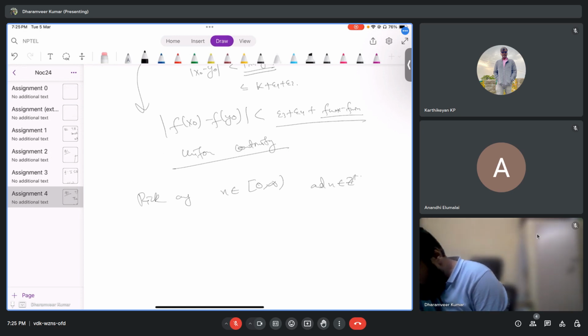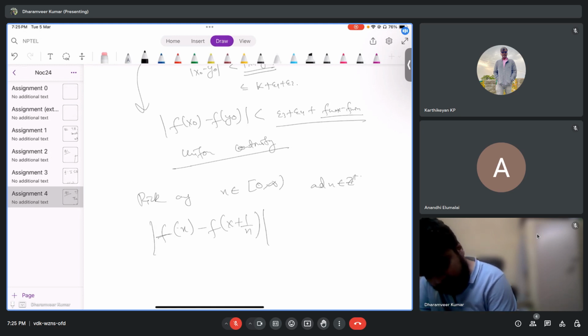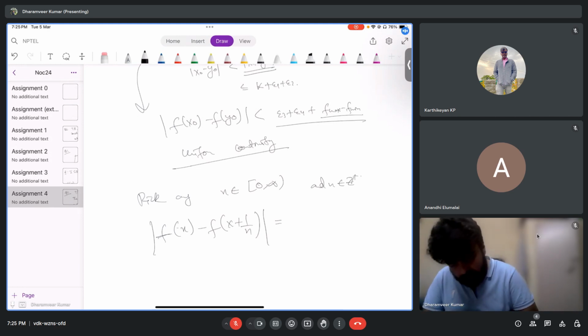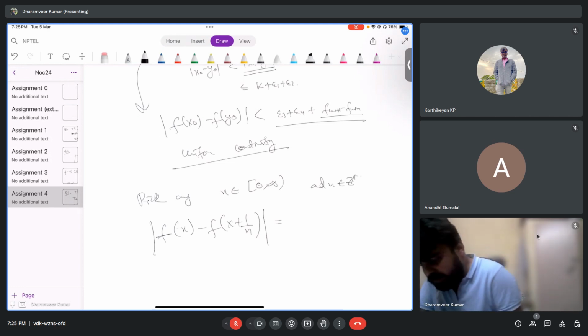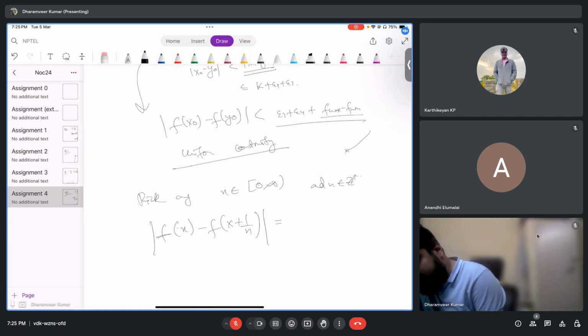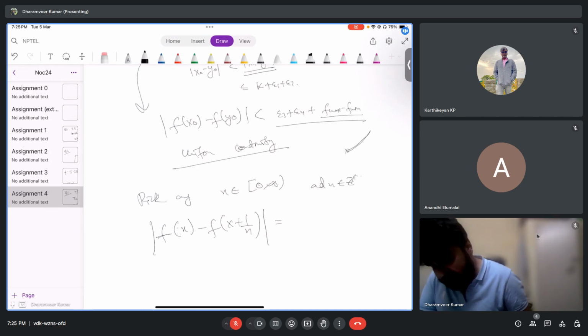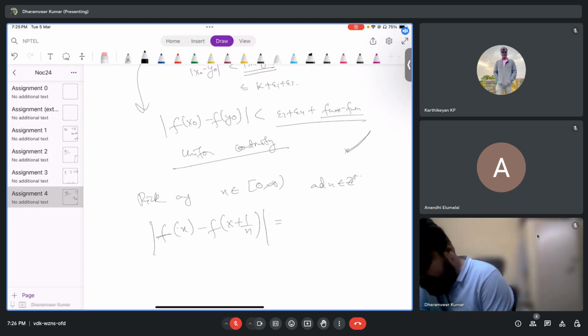Take the modulus of that. Whenever you take some positive point x and you take x plus 1 over n, since x square is an increasing function, x plus 1 over n gives a bigger value.